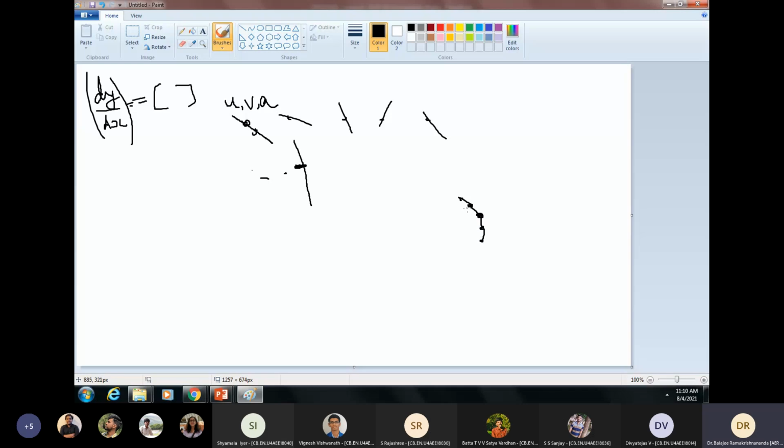So when you join them by approximate straight lines, this line you call as a characteristic line in space, 2D space. Characteristic curve or line.